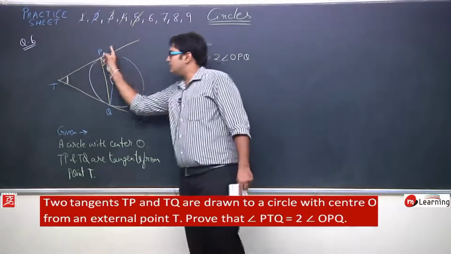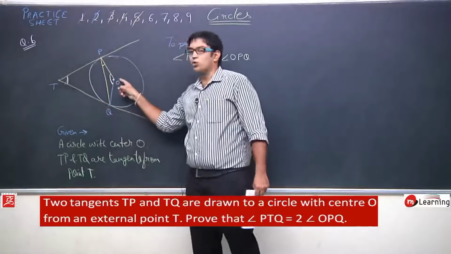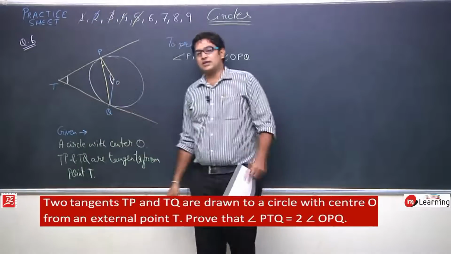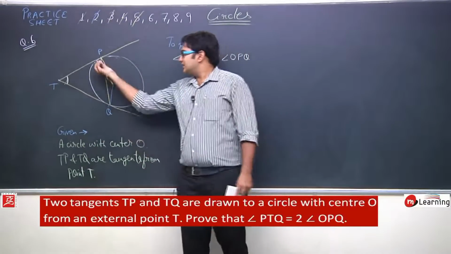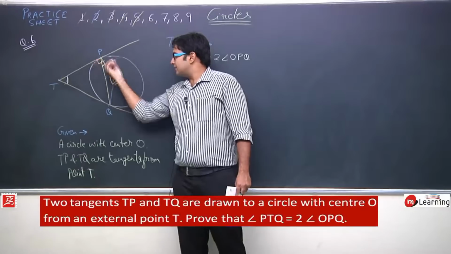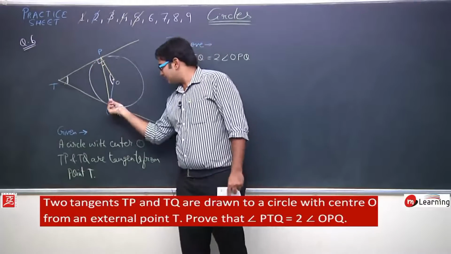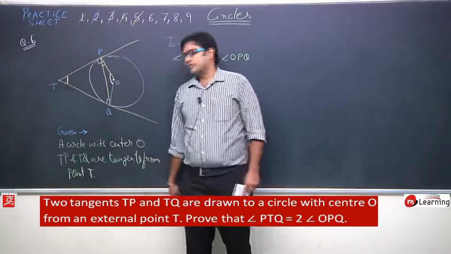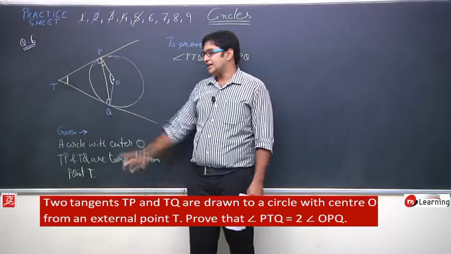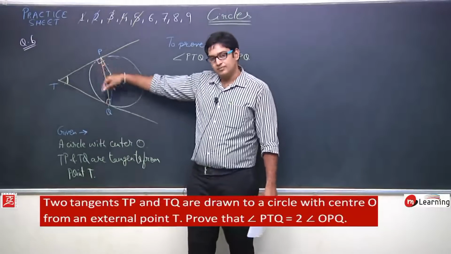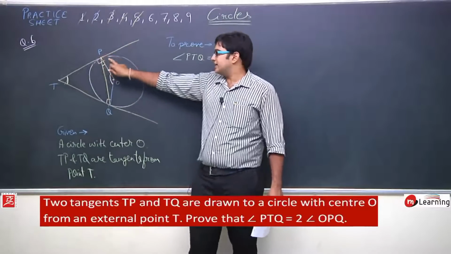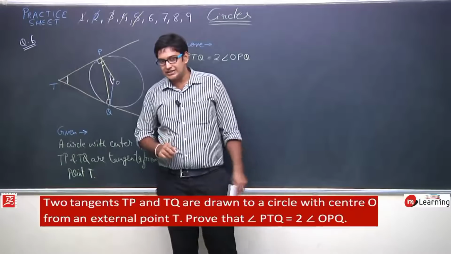Why was it 180 degrees? Because if you observe PTQO, this is a quadrilateral. In this quadrilateral, this particular angle is 90 degrees and this particular angle is also 90 degrees. And why are these two angles 90 degrees? Because of theorem 1, that at the point of contact, radius and the tangent are perpendicular to each other.